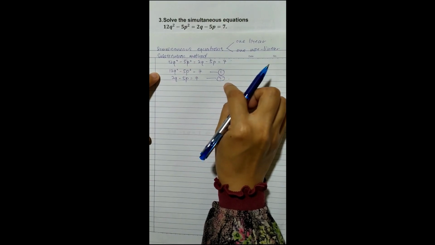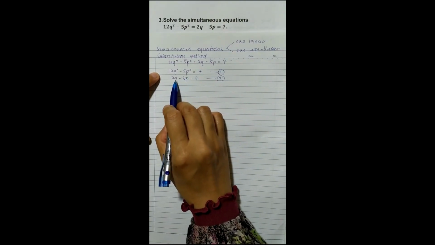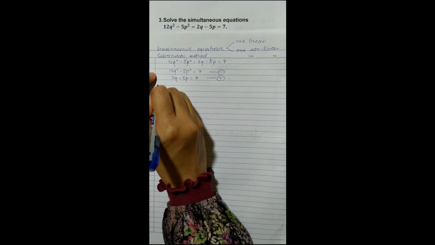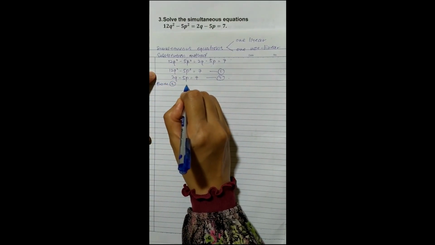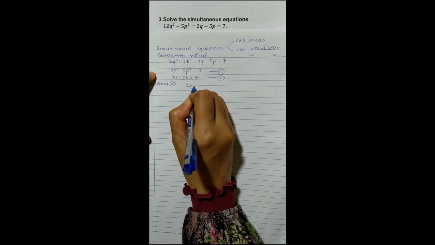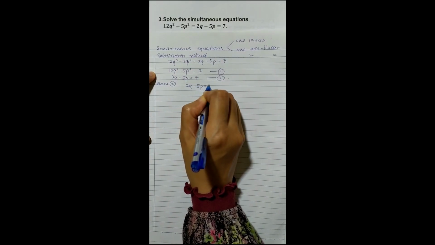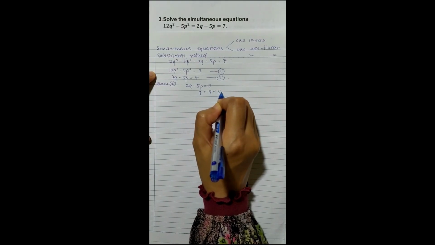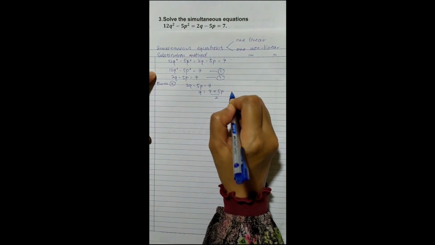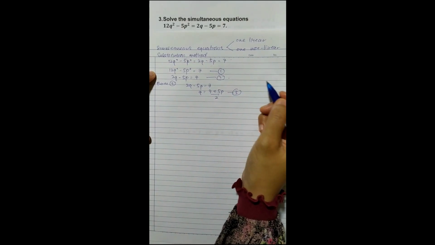In this situation, we have to choose either q or p as the subject. So from 2, 2q minus 5p equals 7, so q equals 7 plus 5p over 2. This is equation number 3.